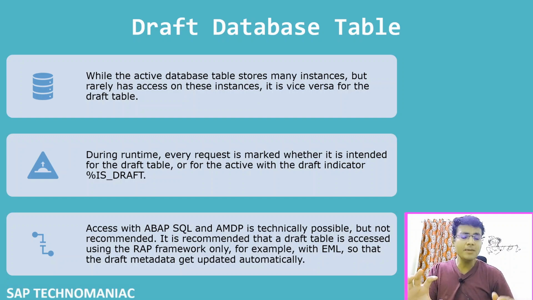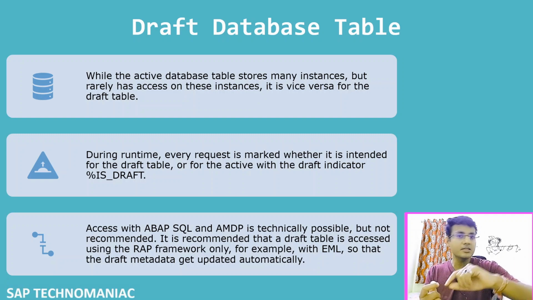The active table and draft table are a little bit different. Why? The active table has a lot of instances. We have created the travel ID, and there will be n number of travels, 1, 2, 3, 5, 6, 999, n number of travels available. But the draft table will have limited entries. Whenever you create a draft for any active instance, that will only come in the draft table.